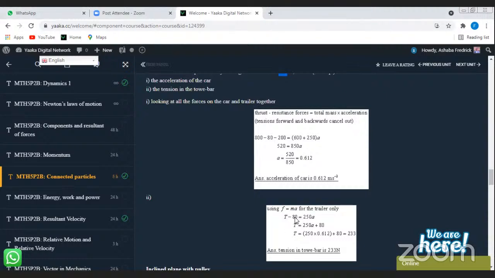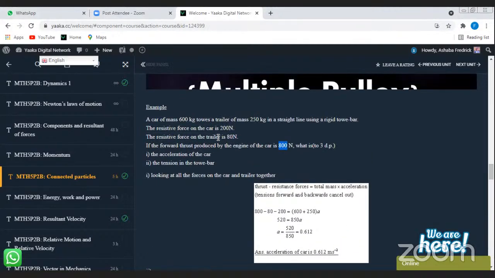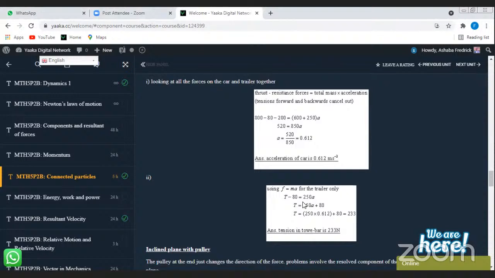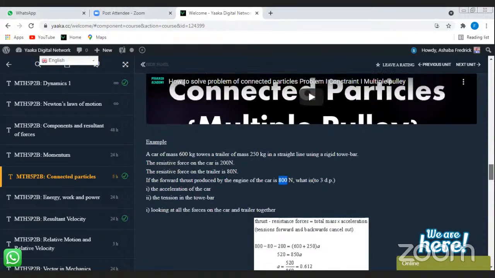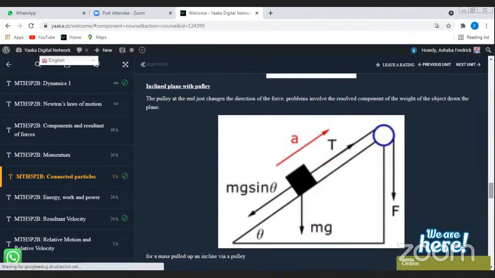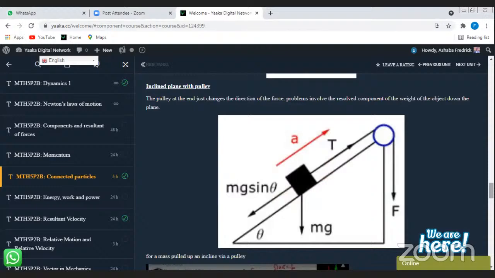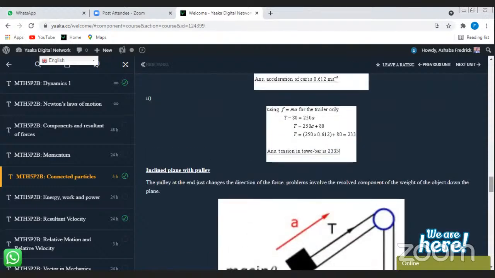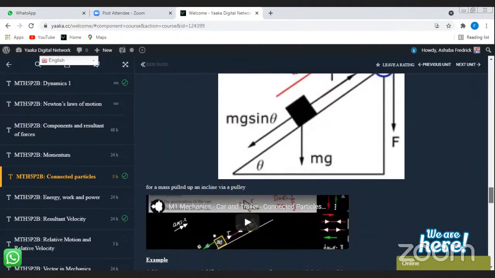So we get T minus the resistive force of the trailer, and we equate that to MA, and we'll get our tension as 233 Newtons. That is 250 times 0.65 plus 80.